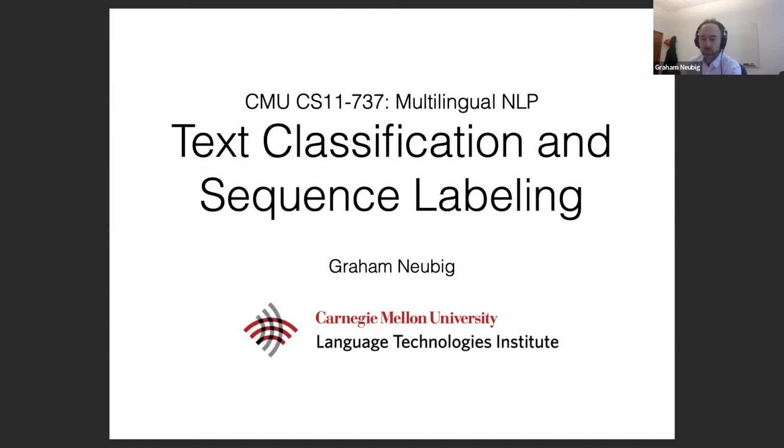This time we'll be talking about text classification and sequence labeling, and about half of the lecture portion of the class will be more or less review for some of the very basic things regarding building neural network models for natural language processing tasks in general.